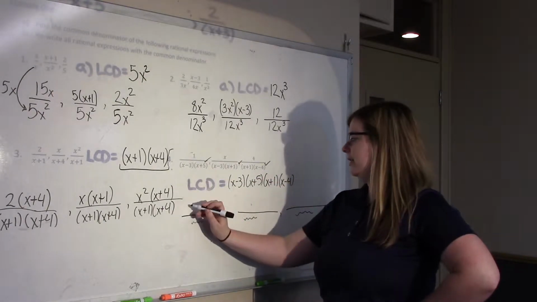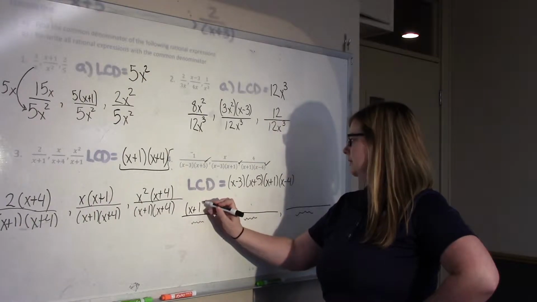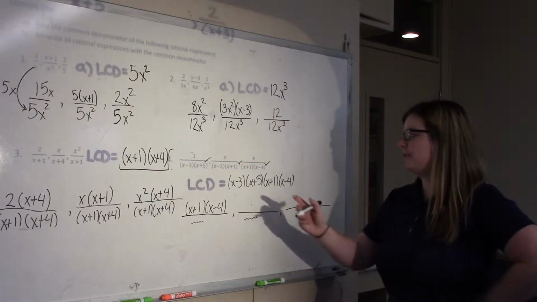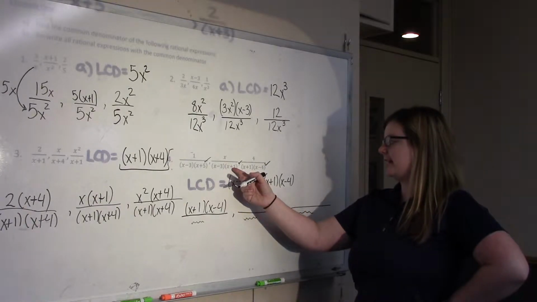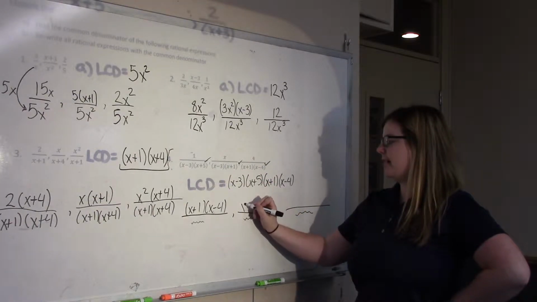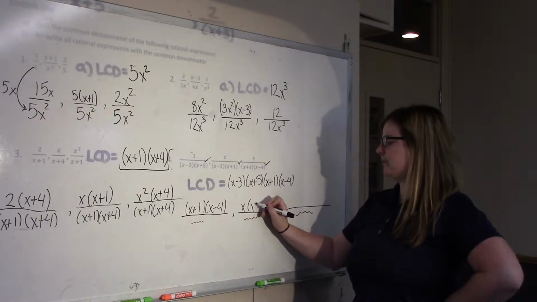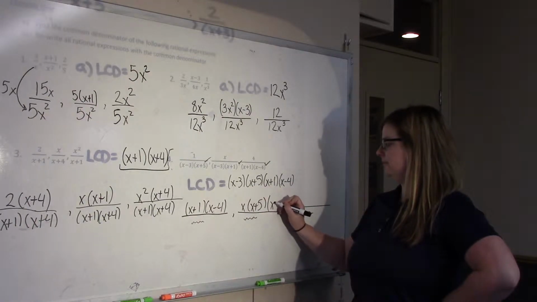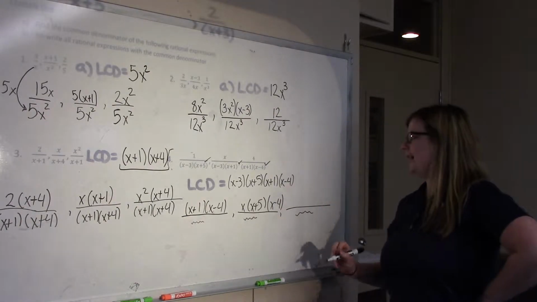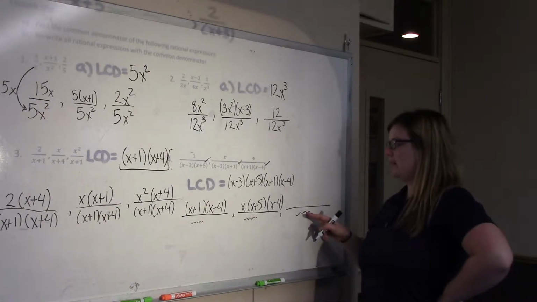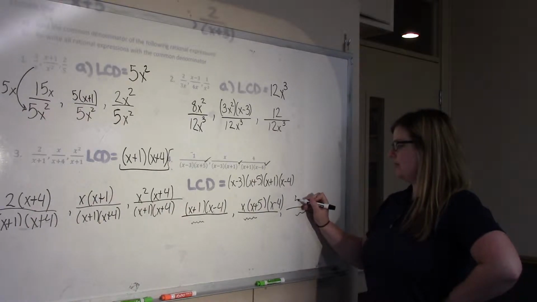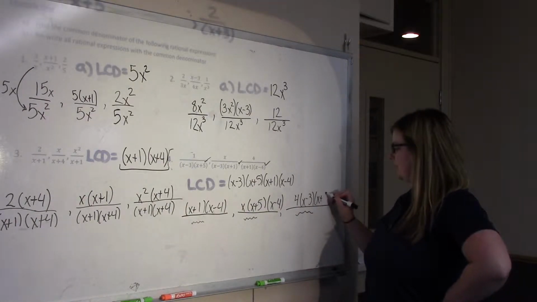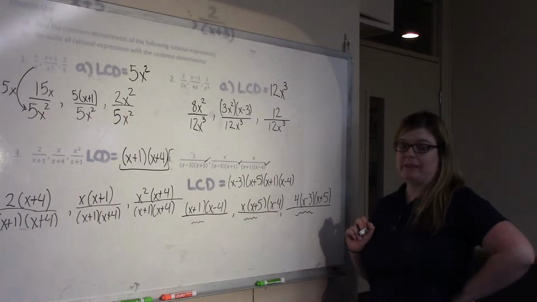So I just get 1 times x plus 1, x minus 4. Now for this one, I have an x minus 3 and an x plus 1. So the x has to get multiplied by an x plus 5 and an x minus 4. Here I already have an x plus 1 and an x minus 4. So this 4 needs to get multiplied by an x minus 3 and an x plus 5. And there you have it.